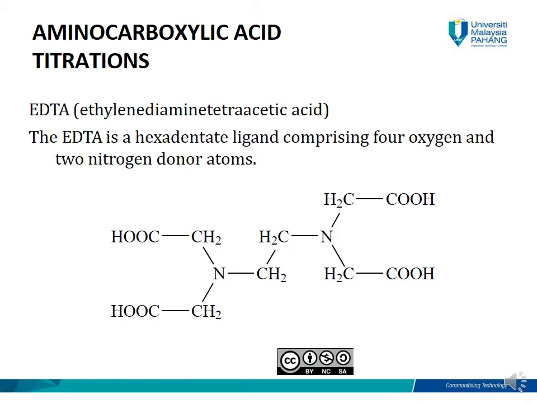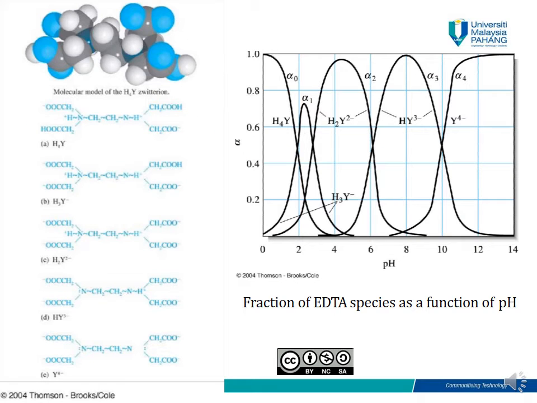You can see this very clearly in the chemical structure of EDTA. This is the molecular model of EDTA. The fraction of EDTA species as a function of pH can be seen clearly here. This experiment shows that EDTA has four functional sites that can react with the metal ions.